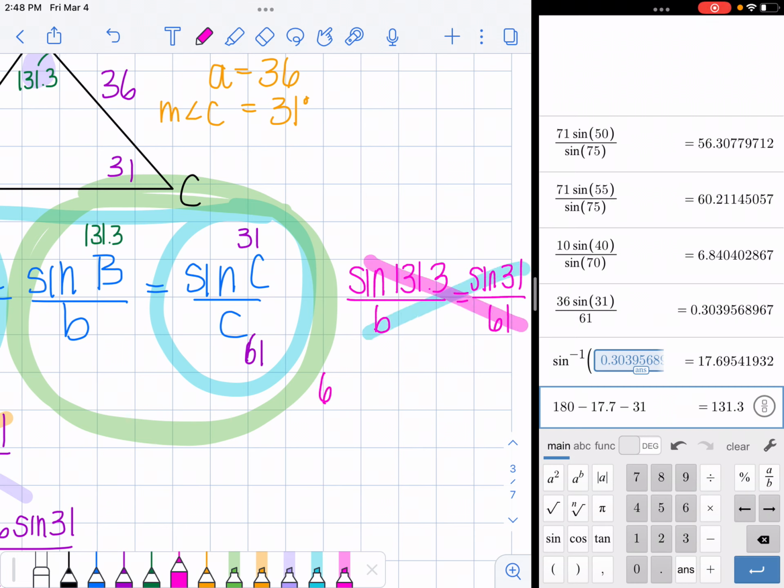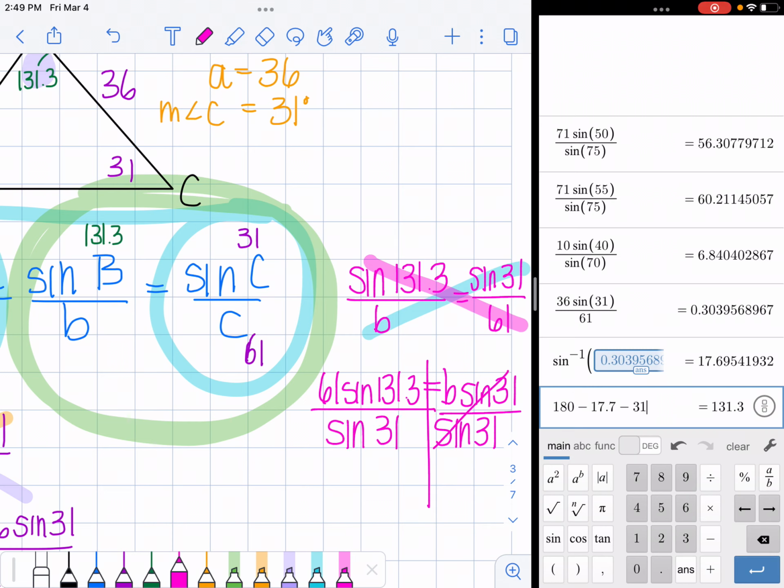So I end up with 61 times the sine of 131.3 is equal to B times the sine of 31. And I'm going to divide both sides by the sine of 31. This cancels out.